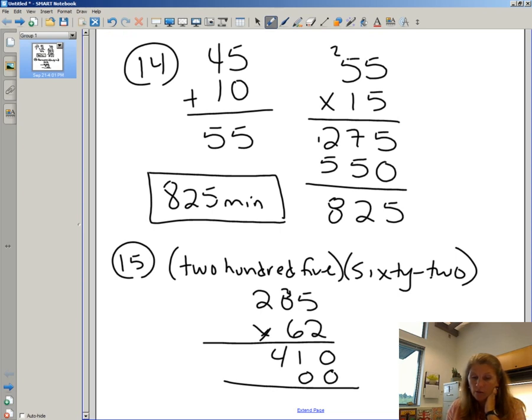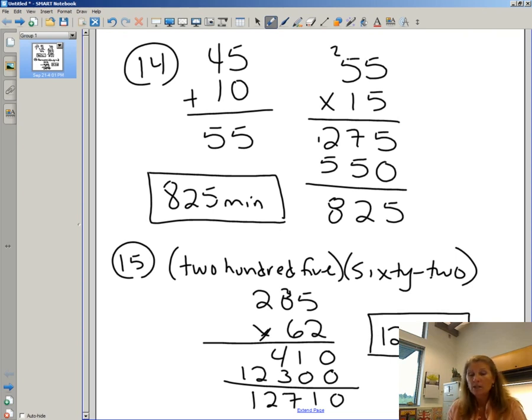This is 0 plus 3, so it'll just be 30. And then 2 times 6 is 12. Adding straight down, we get 0, 1, 7, 2, 1. And so I get 12,710.